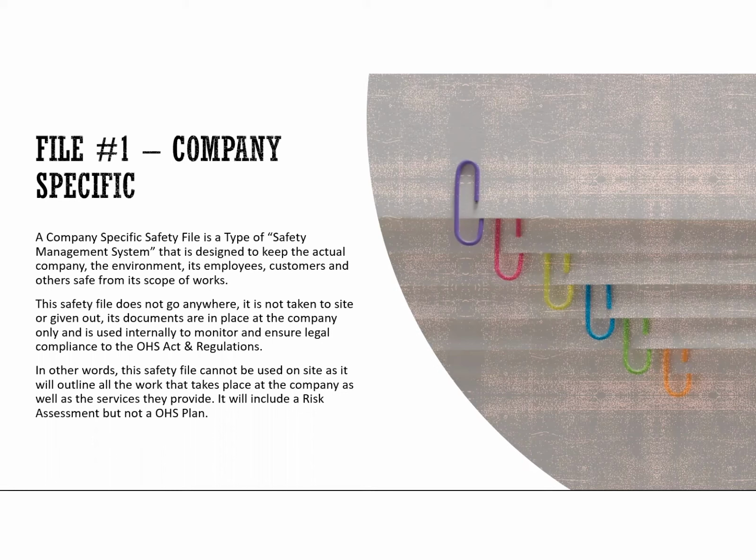You see, all of those additional services are the running of the actual company, not necessarily just installing plumbing on site. You see, the entire running of the company must also be governed by a health and safety policy, so it is company specific. It might also outline how you are going to protect the environment by the scope of work that you perform.